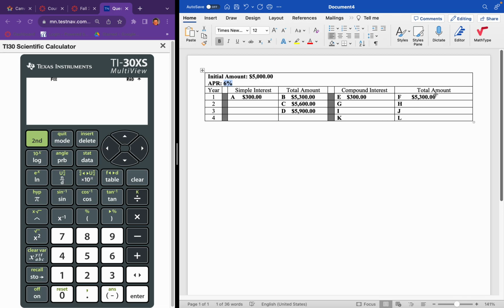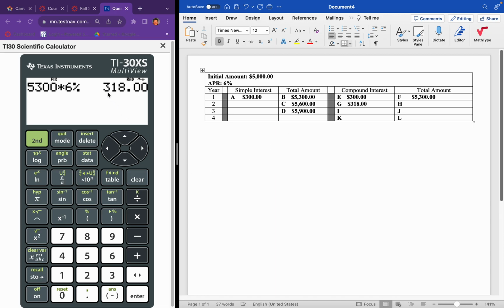Because it's compound, it's now going to use this number, $5,300. We're going to take $5,300, and that's what we're going to multiply by 6%. So we're going to go times 6%. And that's going to give us $318. So because it is compounded, you see, we actually get a larger number than we did previously.